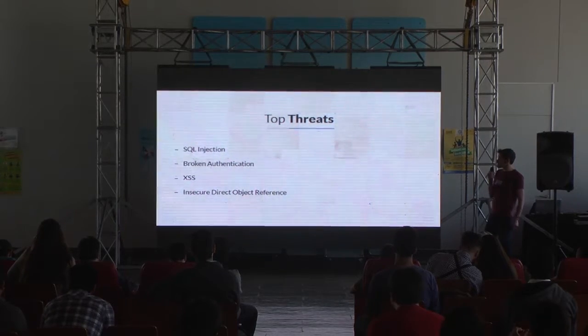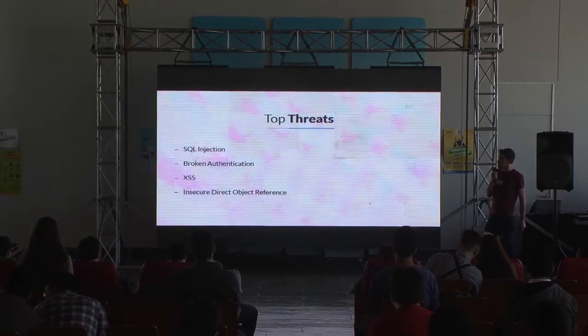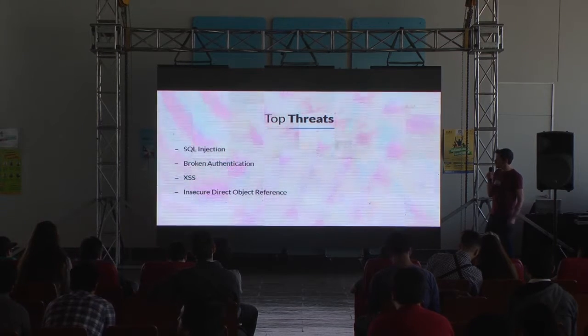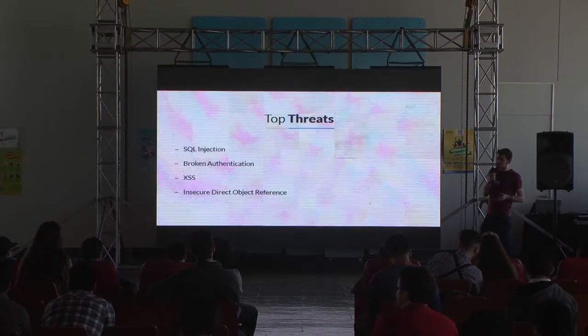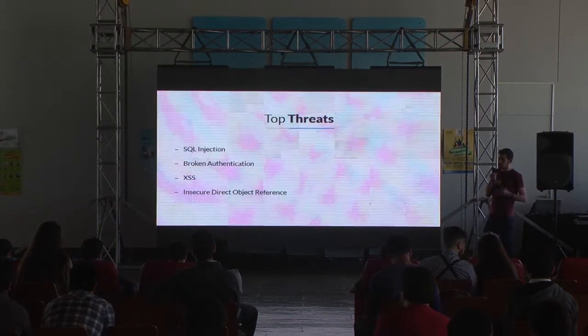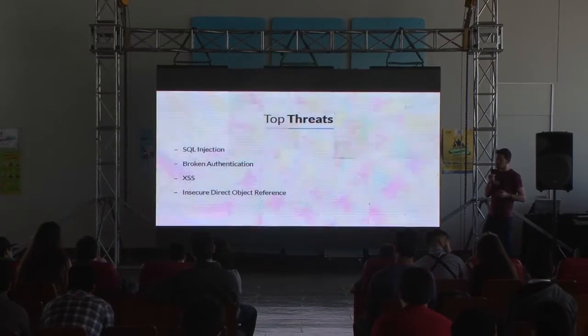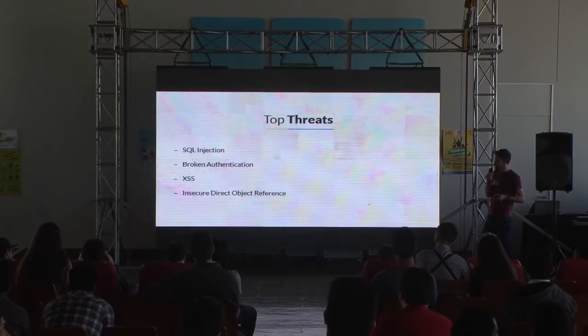So jumping straight into some of the most common threats that developers will see or will be hit with, we're going to just look at what these are at a very high level, examples and how to defend against them. And I think you'll probably see that a lot of the ways to defend against them are actually very, very common, so that makes things a little bit easier.